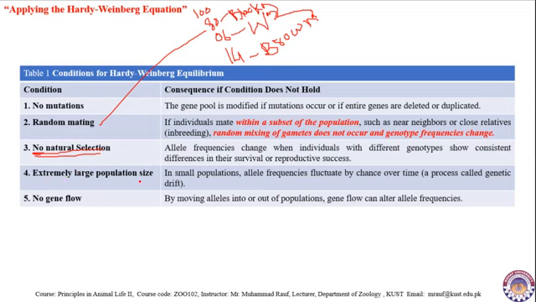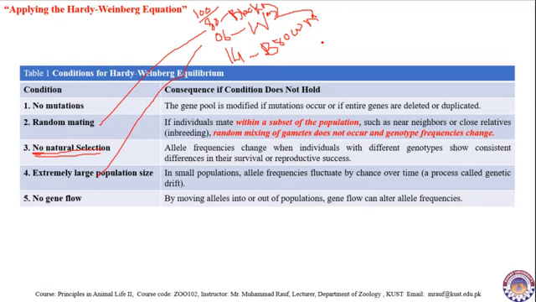Extremely large population size. Now we go back to that example. We have a population of 100 beetles, 80 of them are black, 6 of them are white, and 14 of them are brown. So it's a small population. Now at times disastrous conditions occur.